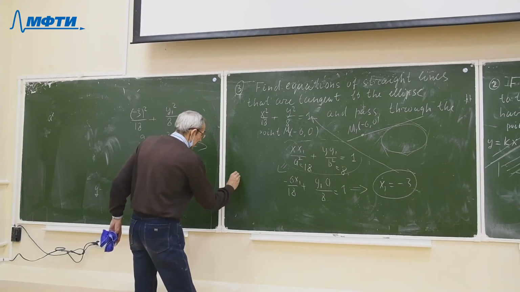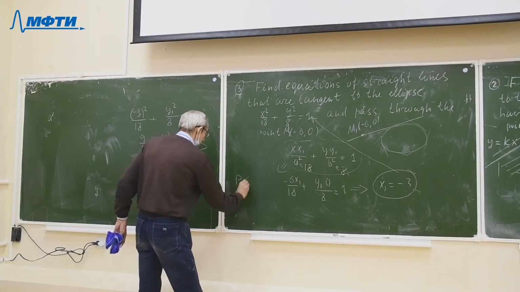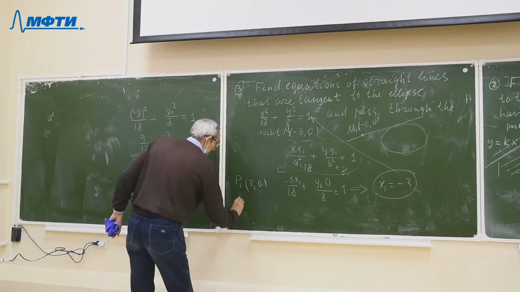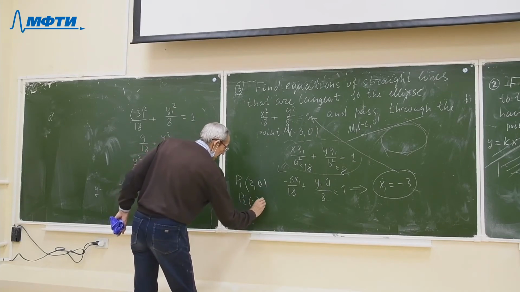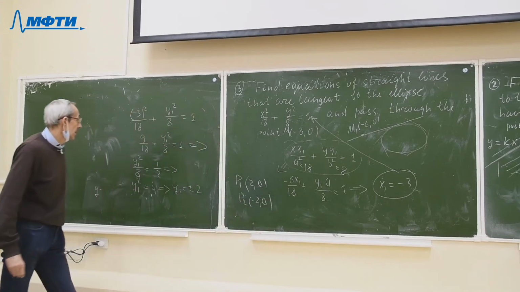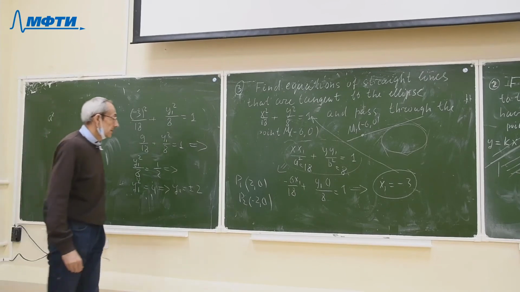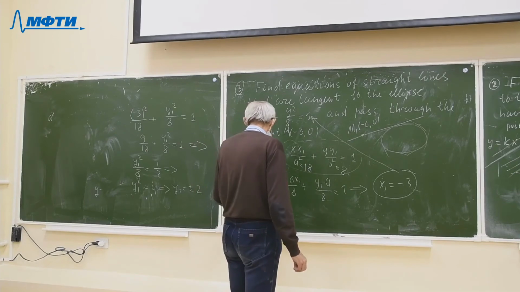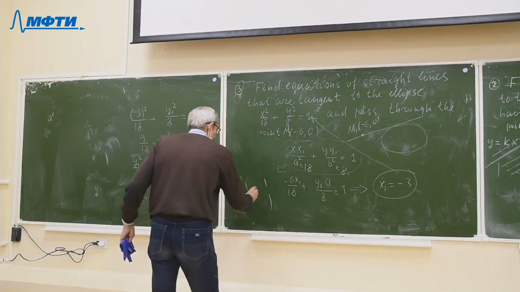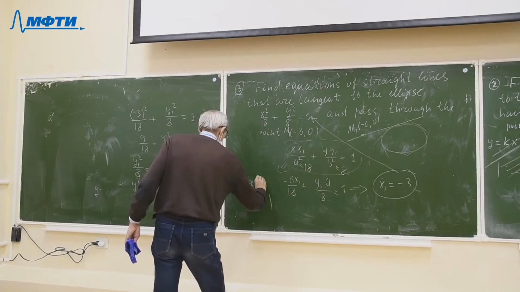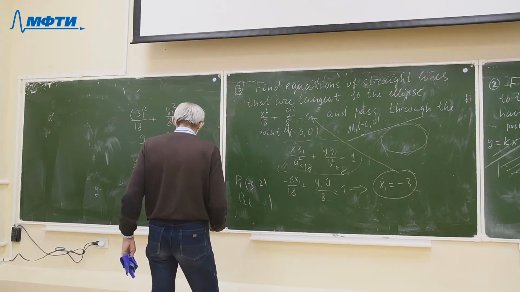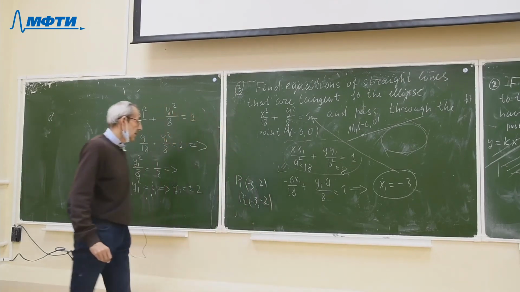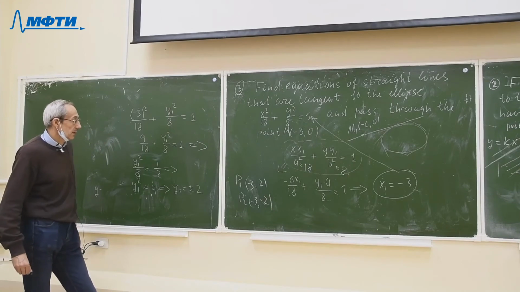The first point P1 has the coordinates (-3, 2). The second point P2 has the coordinates (-3, -2).